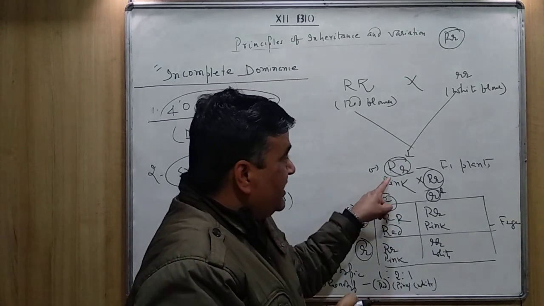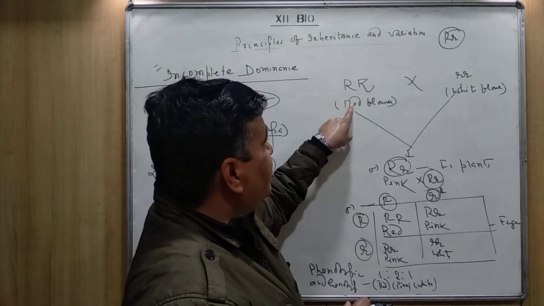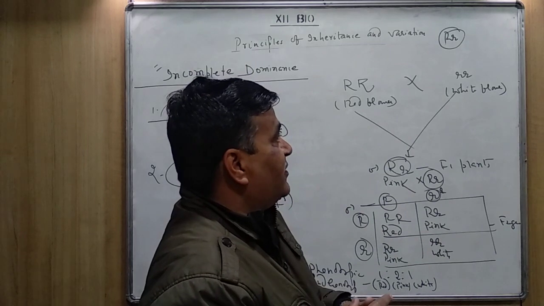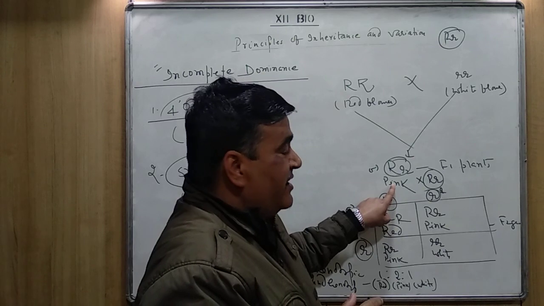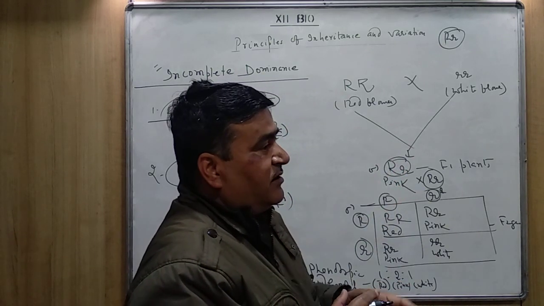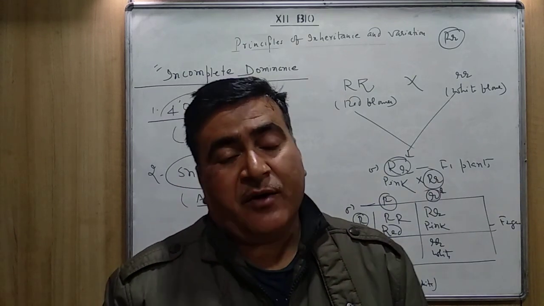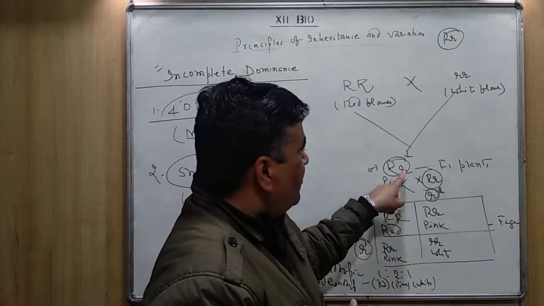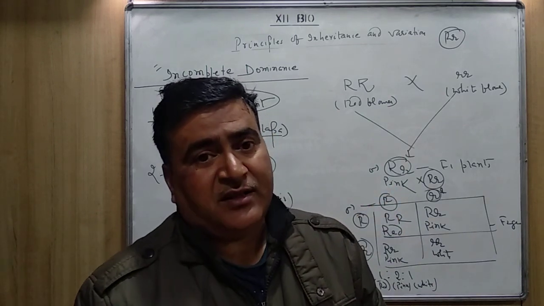As per Mendel, what kind of flower should appear here? Suppose capital R is for red flower and small r is for white flower. As per Mendel's law, the flower must be red, because capital R is responsible for red and small r for white. As I told you, as per Mendel, the red is the dominant allele and the white is recessive. So the plant must be red as per Mendel's law.